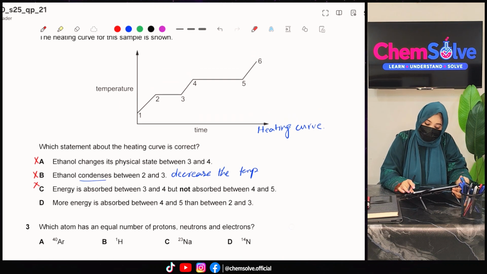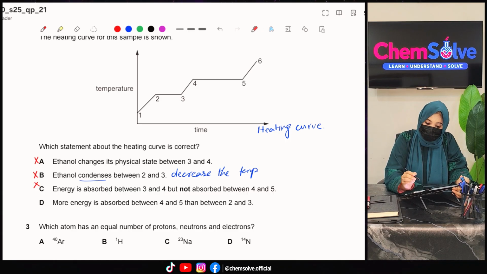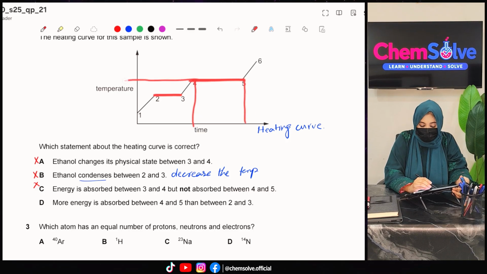More energy is absorbed between 4 and 5 than between 2 and 3. Look, 2 and 3 has a shorter portion, while 4 and 5 has a bit longer portion. So it means more time is given to it, and of course the energy absorbed is more, and here less time is given to it, and of course it is less.